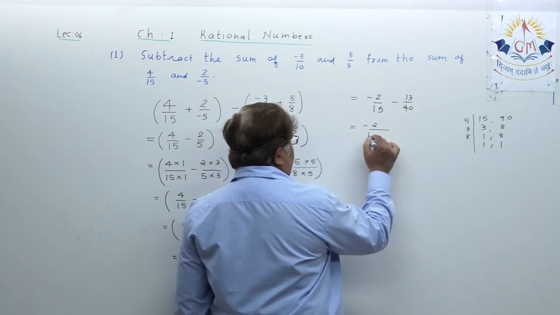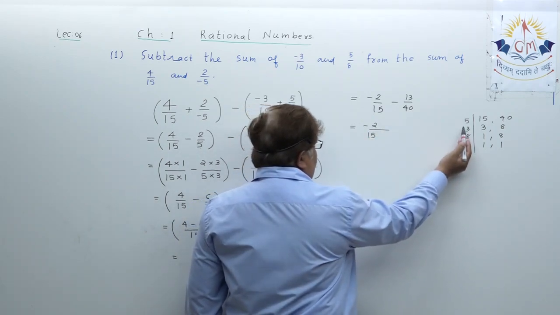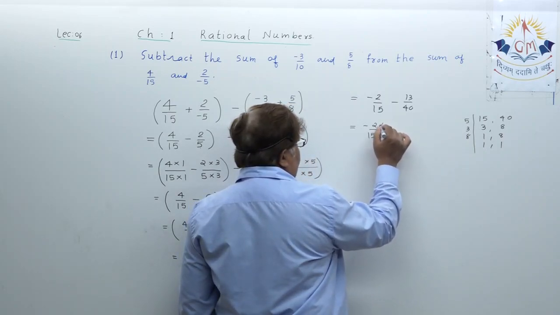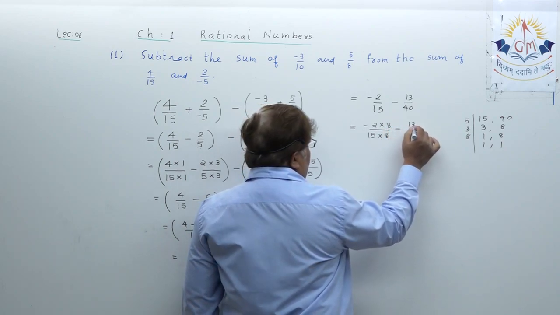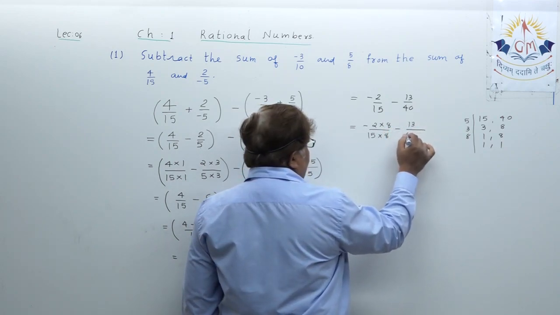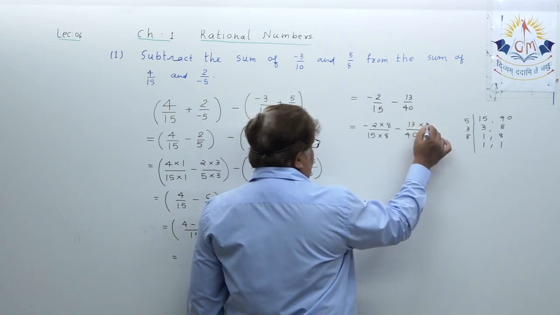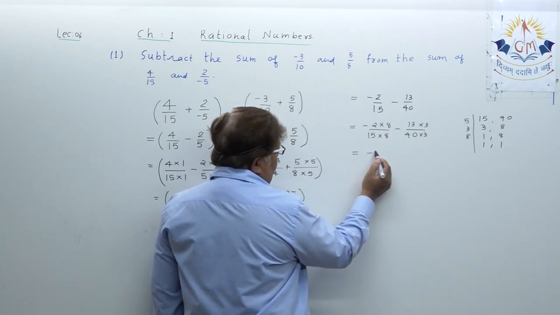Minus 2 upon 15. 120 is the LCM. So 15 8s are 120. Here also you have to take, and as you know, 40 3s are 120. Understood? Now just carry the sum.